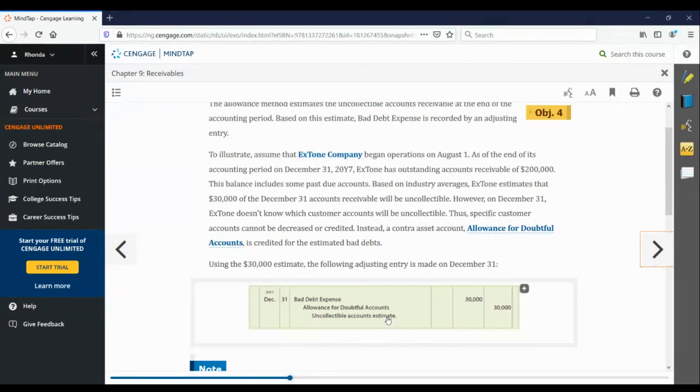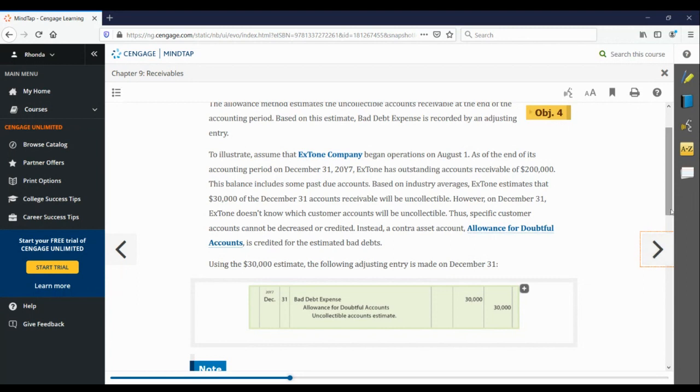And because it is still considered to be an asset, it will show up on our balance sheet in the asset section. The allowance for doubtful accounts will go directly underneath accounts receivable because it's going to offset the accounts receivable account on the balance sheet.